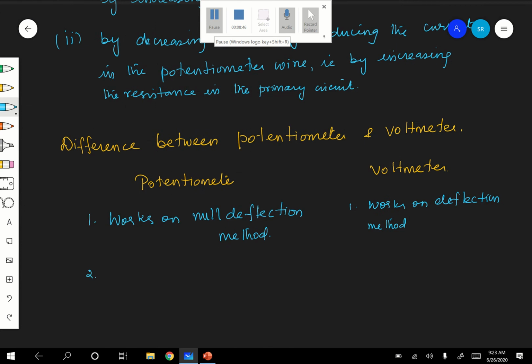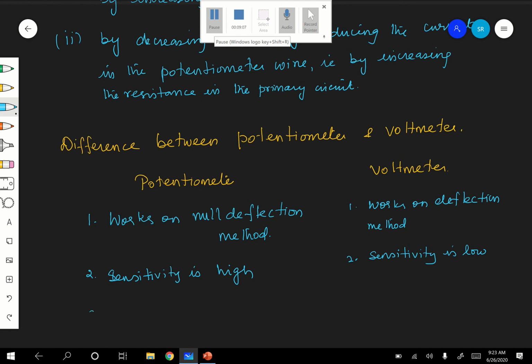Number two is its sensitivity. In the potentiometer, sensitivity is high. Here, sensitivity is low.